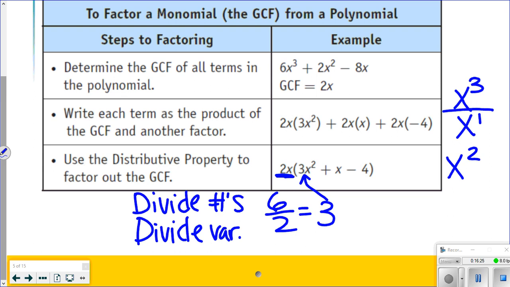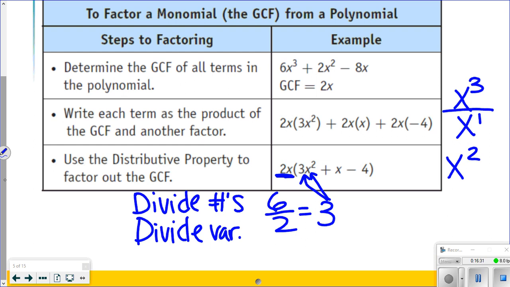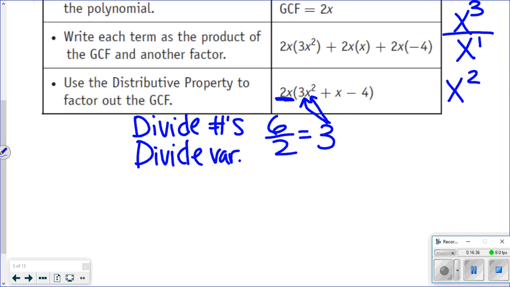That's where this x squared comes from. So it's 3x squared. So when we're dividing our variables, we actually subtract the exponents.